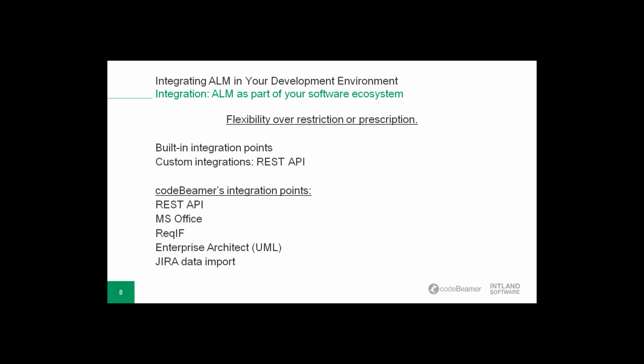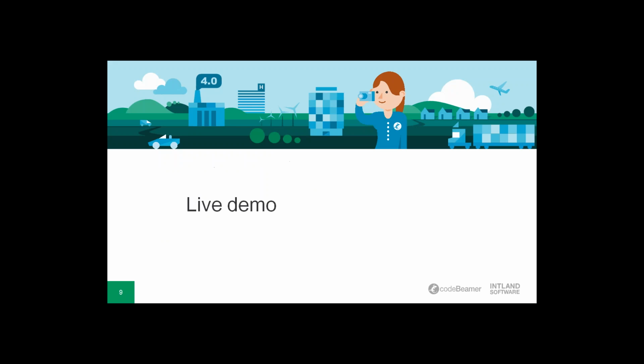I'm going to show you how easily you can integrate your Word and Excel documents into codeBeamer, how you can import your ReqIF files, how the integration works with Enterprise Architect, the UML modeling tool, and how you can establish a connection with Jira and build up this continuous integration as well.